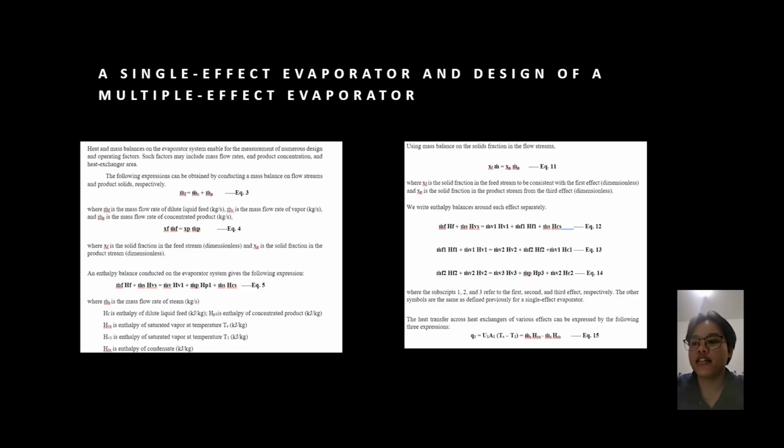A mass balance on the evaporator system enables measurements, number design, and a vector. Such a vector may include the mass flow and product concentrations and heat exchanger area.